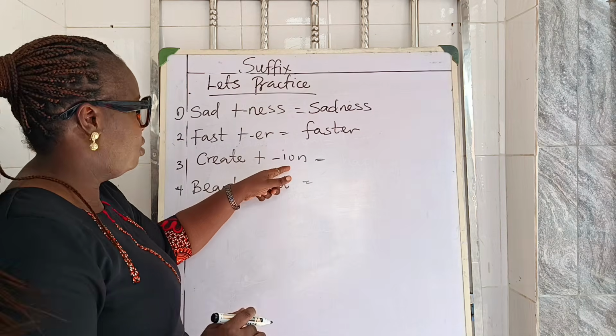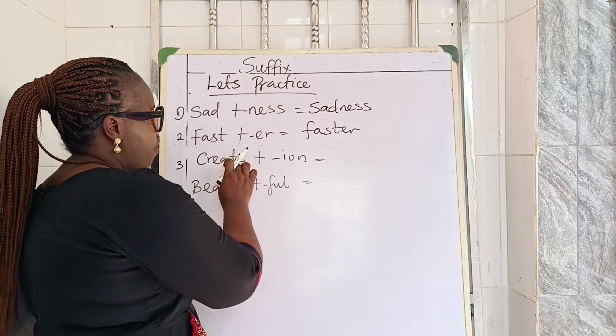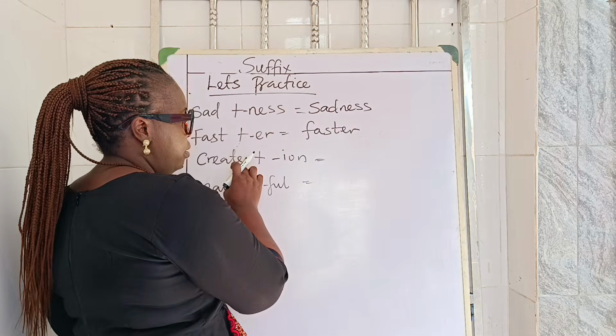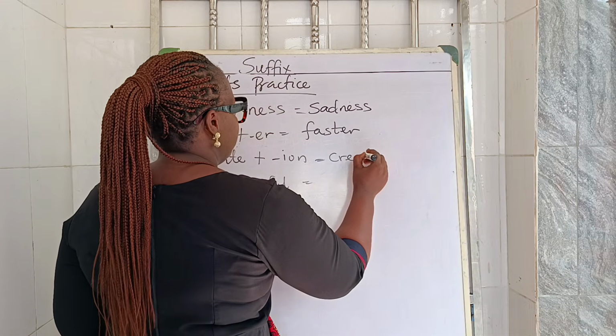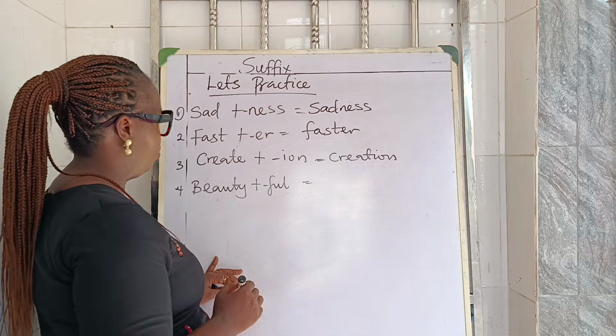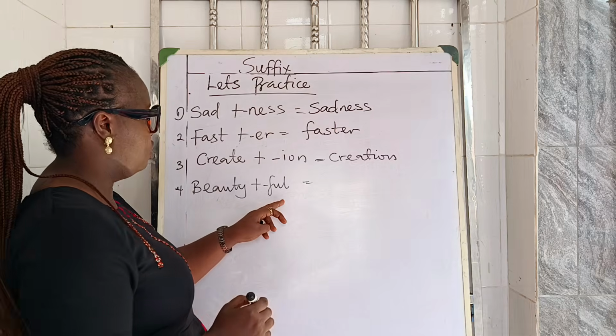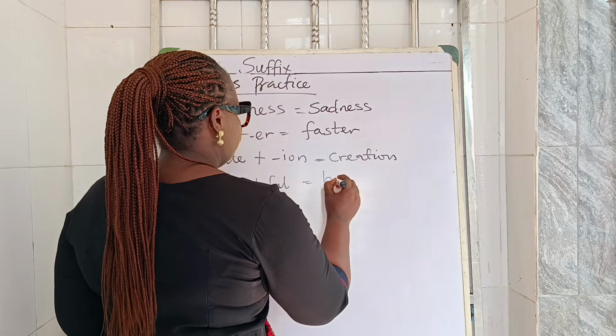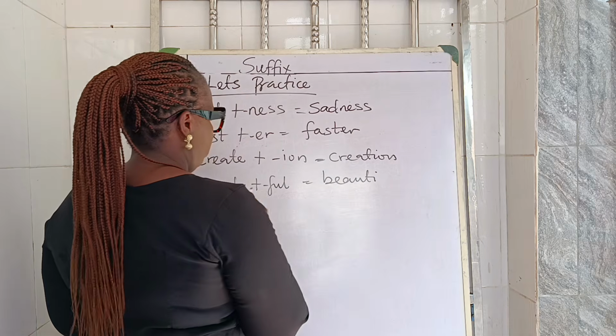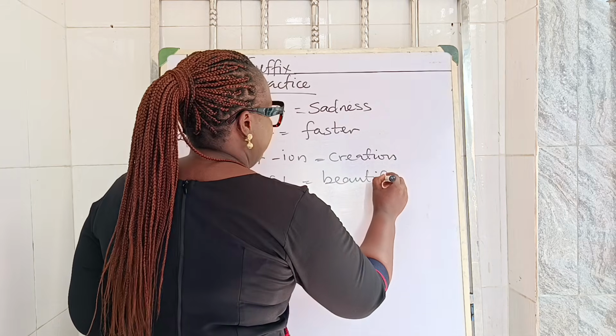Create plus ION, create. Look at the E, silent letter E, we have creation. Beauty plus full, what did we say we do to the Y? Beautiful. Change the Y to an I, then you put it.